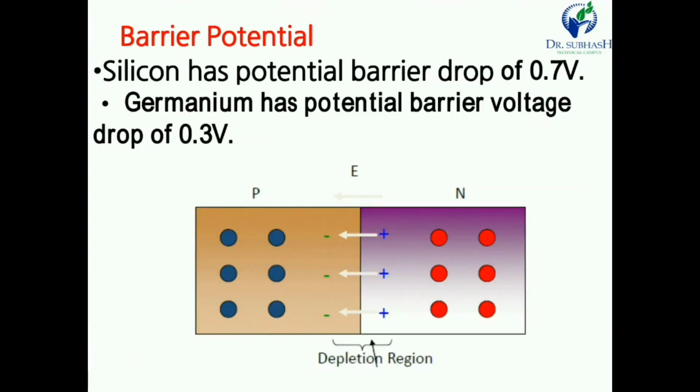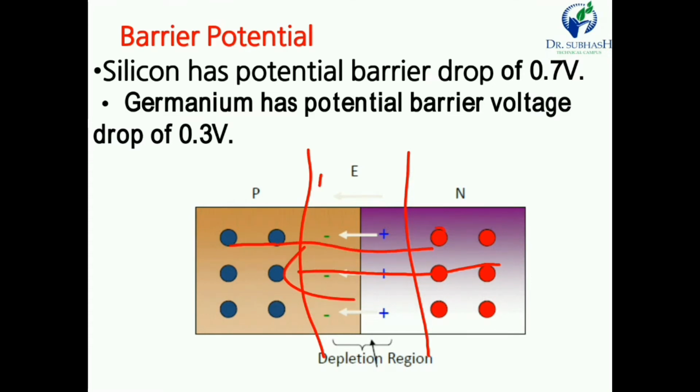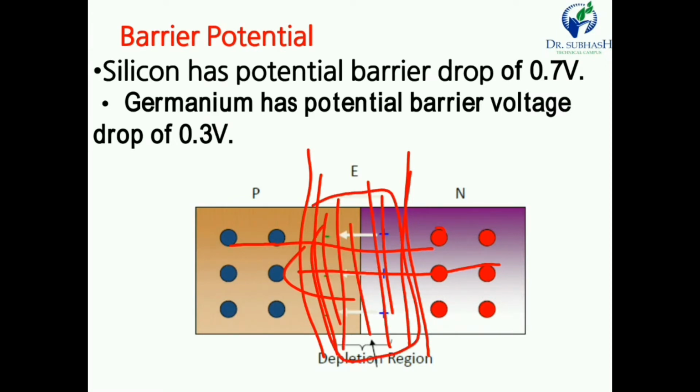Now barrier potential. According to the width of the depletion region, we know that some depletion region is there. Whenever an electron moves from N-type to P-type, or a hole moves from P-type to N-type, some potential, a breakover potential, is required, and this is the barrier potential. This barrier potential depends on what the semiconductor diode is made of.